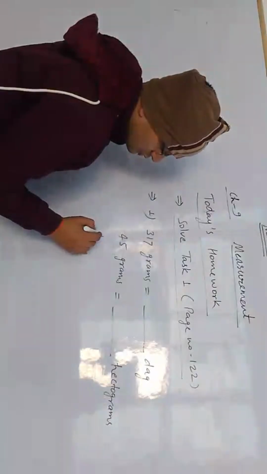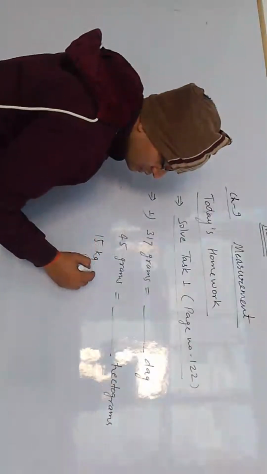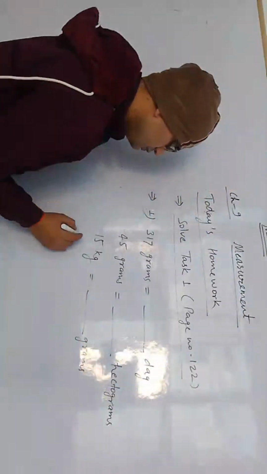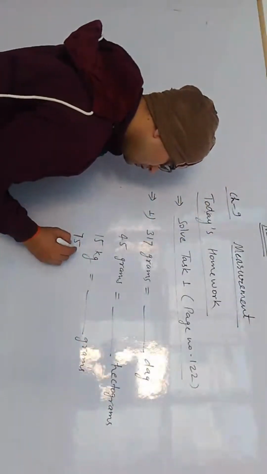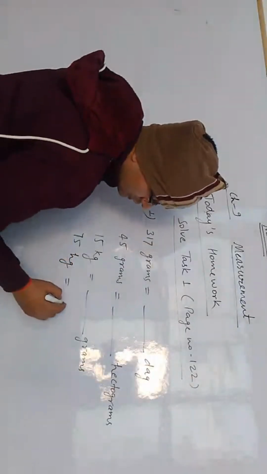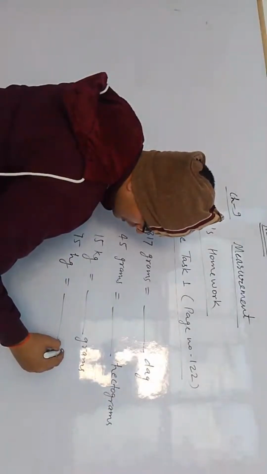And 15 kg is equal to how much grams? 75 hectogram is equal to how much grams?